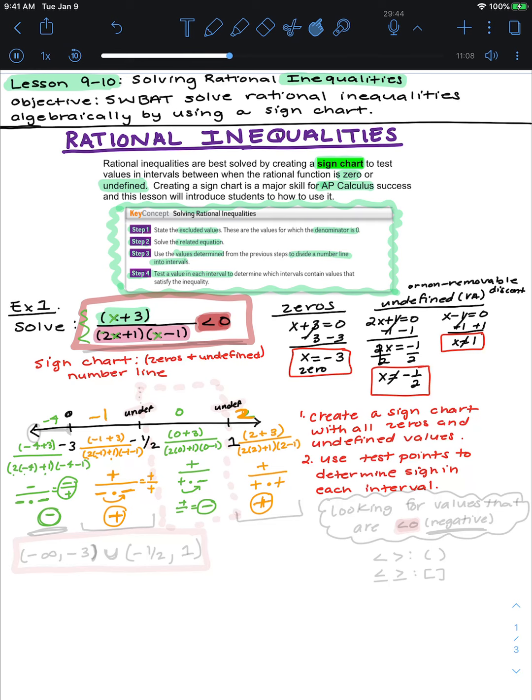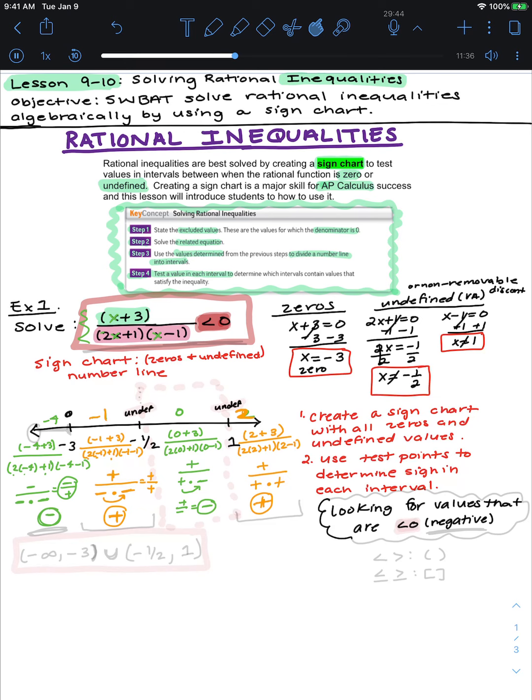So if this is less than 0, I'm going to be looking for the values that are less than 0, right? So here we are looking for values that are less than 0, which means that we want these values to be negative.